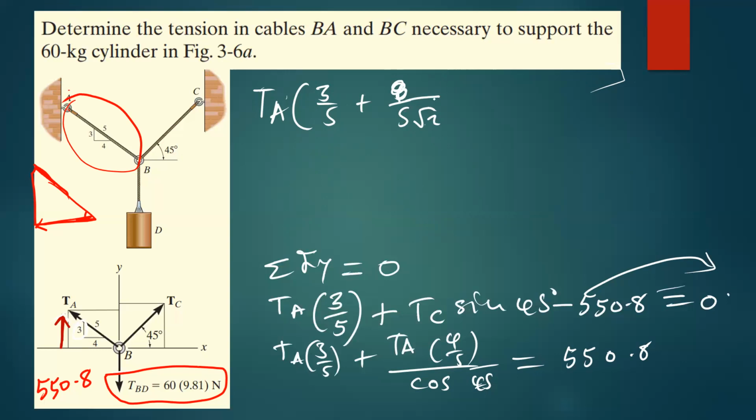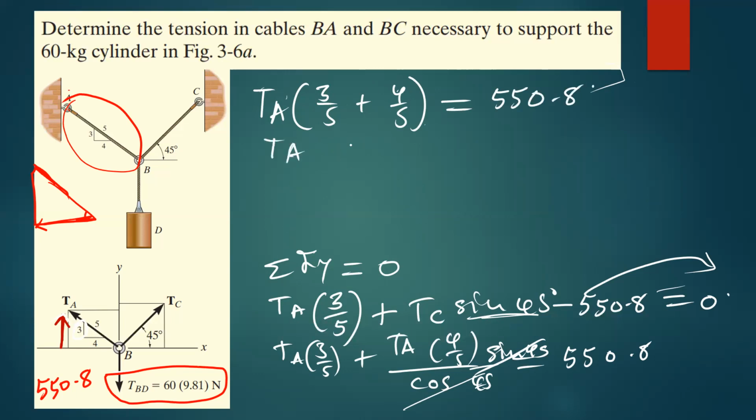And there's supposed to be sine 45 on this side. I forgot sine 45. Sine 45 is also √2/2. So if we put sine 45 here, this and that will cancel, and we'll just remain with 4/5 there. Then this is equal to 550.8. When you add the two, you get 7/5, equal to 550.8.